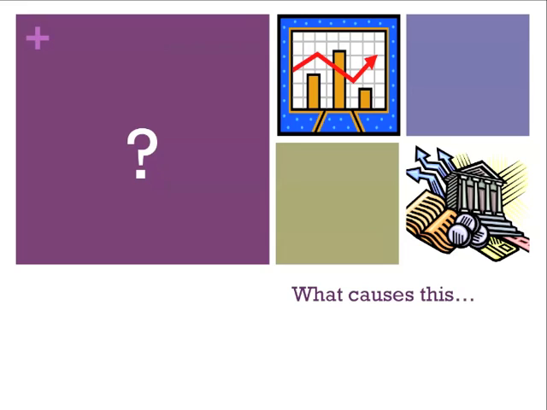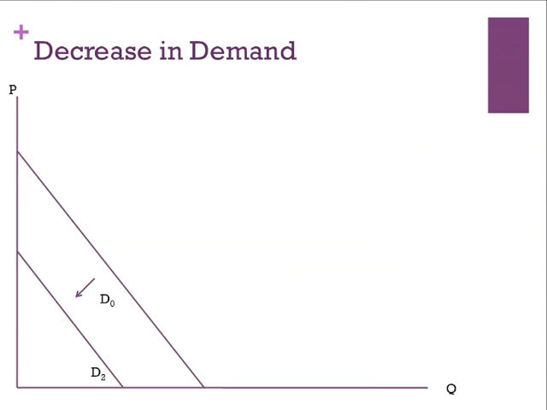The best example I could give right now off the top of my head is an increase in the price of a complement good. A perfect example of this: we're in the market for bacon, right?